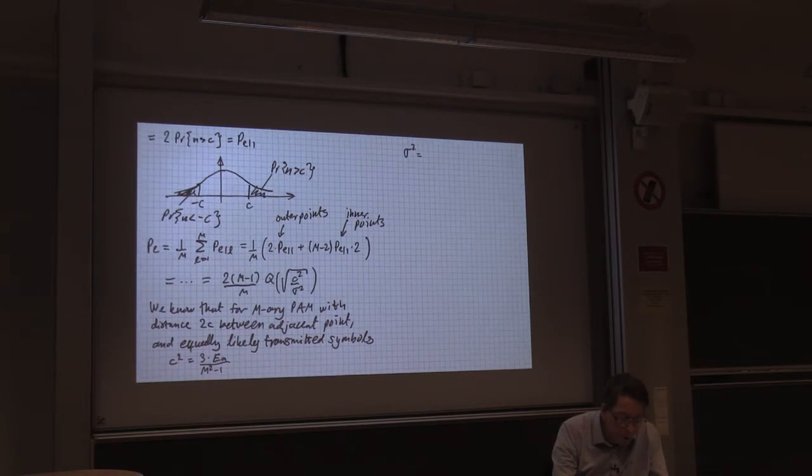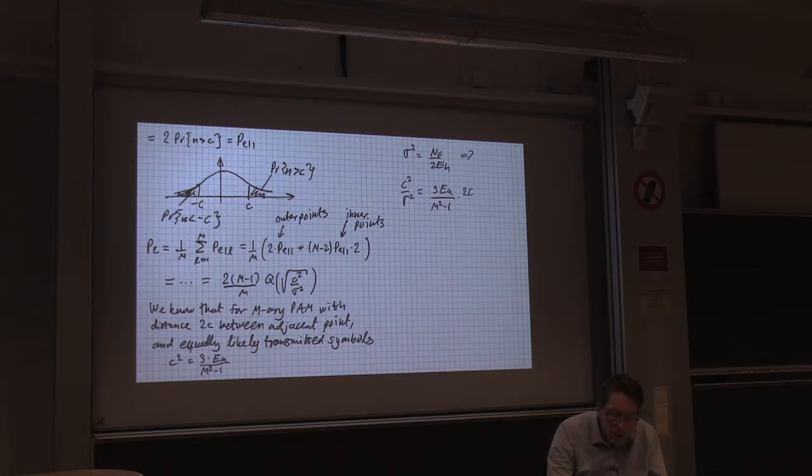So c squared over sigma squared is simply 3EA divided by m squared minus 1 times 2EH divided by N naught.